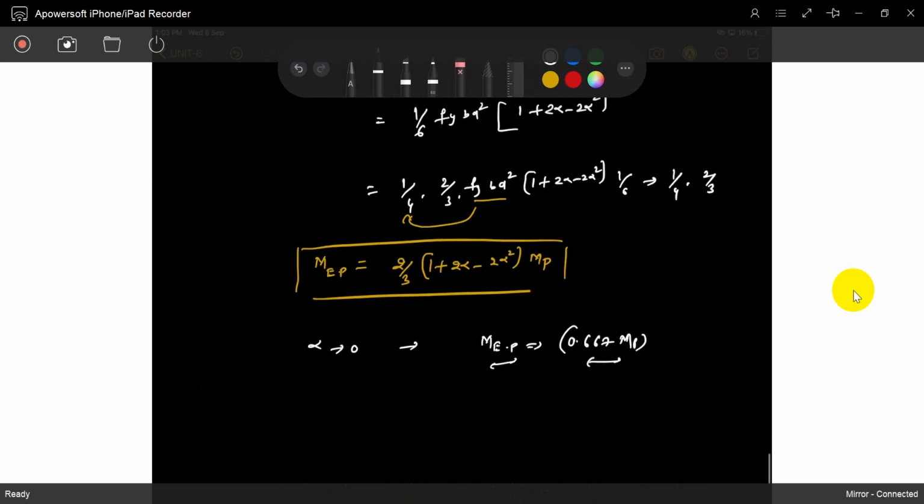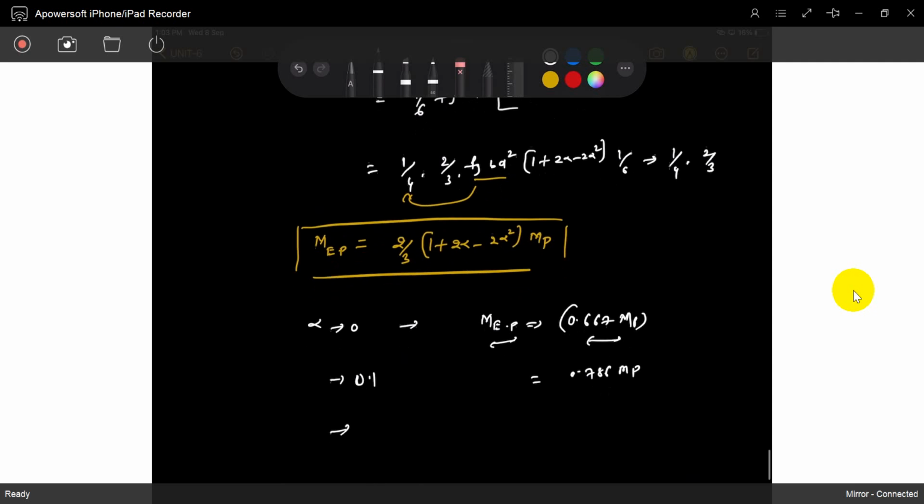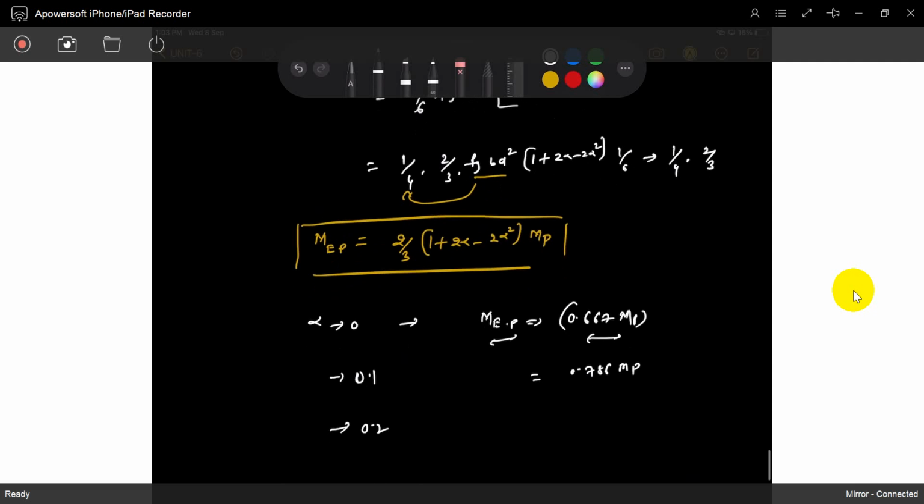If alpha is 10%, meaning alpha is 0.1, then MEP is 0.786 MP. Like this you can calculate; for 0.2 it is 0.88 MP.